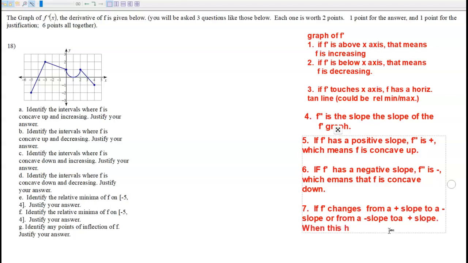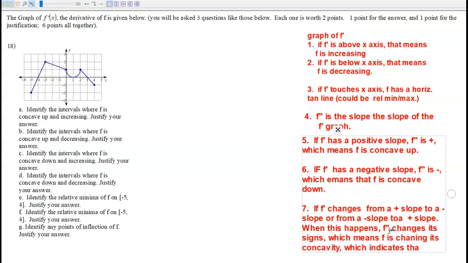When this happens, f double prime changes its signs, which means f is changing its concavity, which indicates that this is a point of inflection.